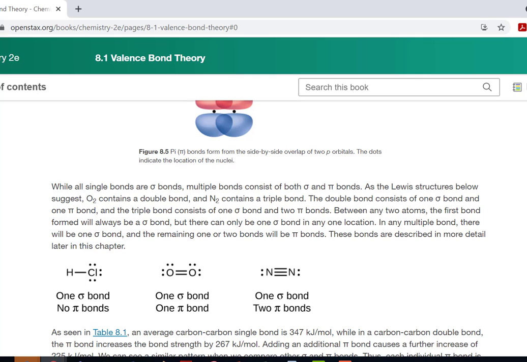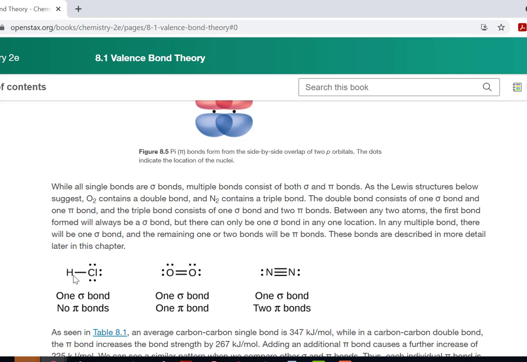How this works is that when we have a single bond, it will generally be a sigma bond. So here we're showing one sigma bond. There are some complicated things that you would learn in a more advanced, graduate level chemistry course, where you could have something going on where it's not necessarily a sigma bond.